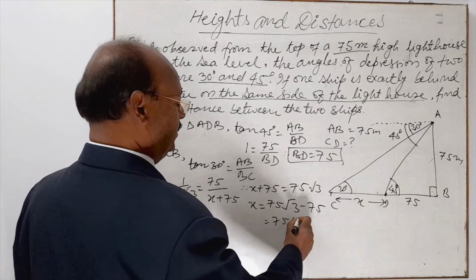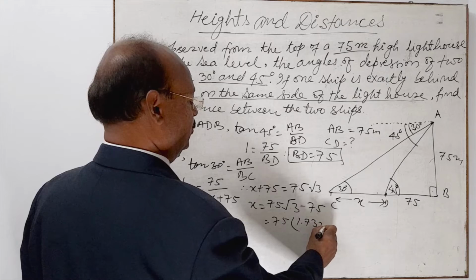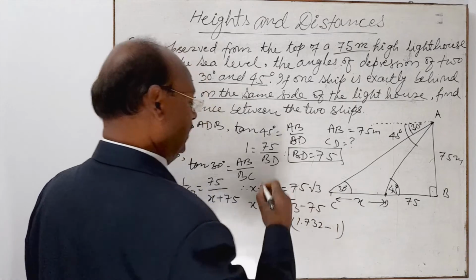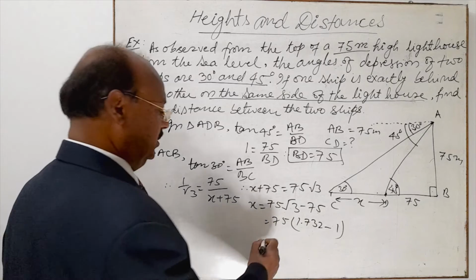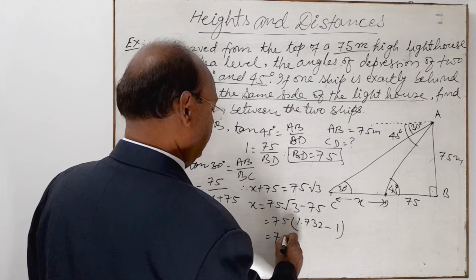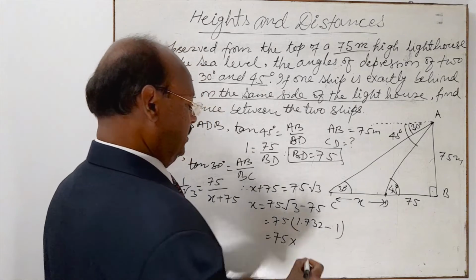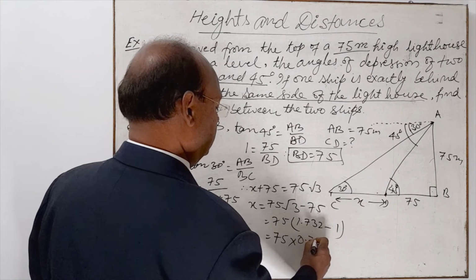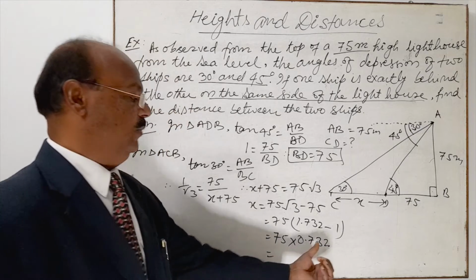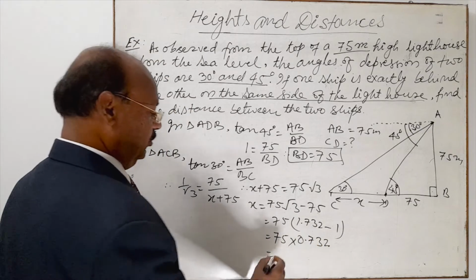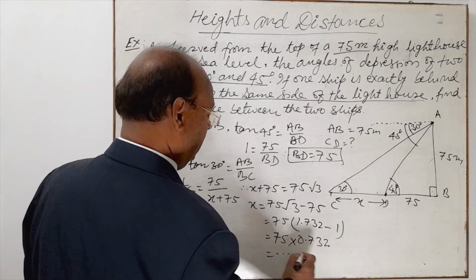Value of root 3 is 1.732 minus 1. Since 75 has already been taken common, so this x is equal to 75 into 0.732. Now you calculate, you multiply it, you will get the value of x.